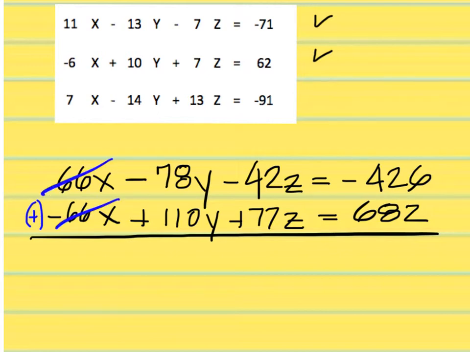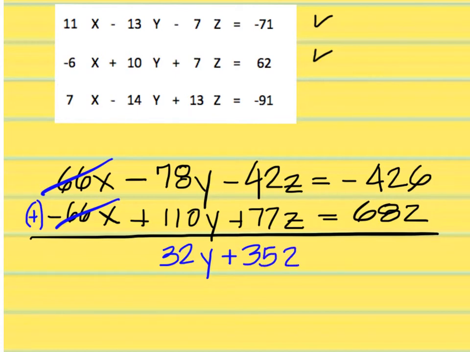And a negative 78 plus 110 is 32. So 32y, and negative 42 plus 77 is 35.